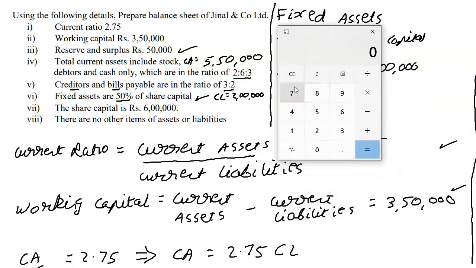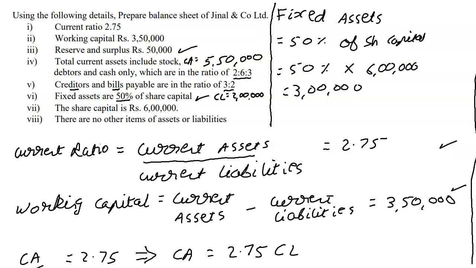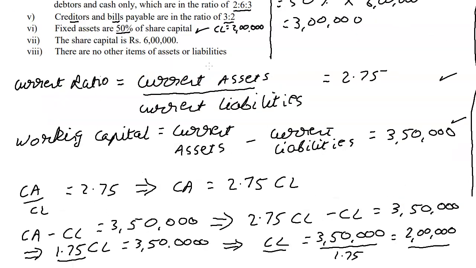Now, if it's 2:6:3, okay, and I'm going to do it downstairs so that you'll understand properly. 5,50,000 has to be broken up in the ratio 2:6:3. Okay, so for those who have done partnership accounts, maybe in the 11th and 12th standard, those who have done it in BCom, they should not have a problem.